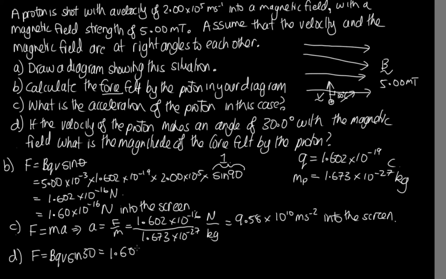So this is 1.602 times 10 to the minus 16 times sine 30. And solving that on our calculator, we get 8.01 times 10 to the minus 17 newtons. And this time we have only been asked for the magnitude. If we were asked for a direction, it would still be into the screen.